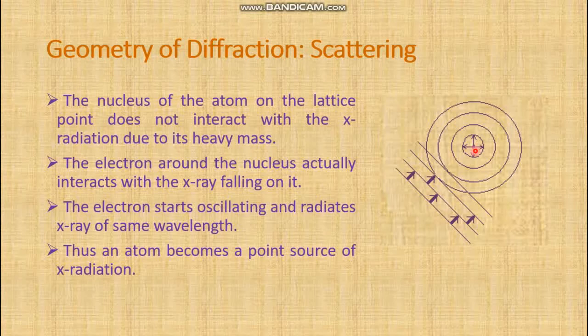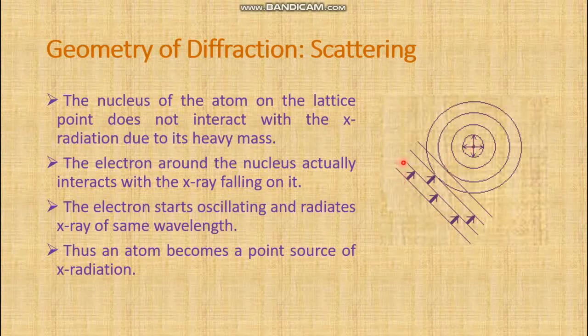But the electron is not so massive compared to the nucleus, so the electron around the nucleus actually interacts with the X-ray falling on it. After interaction, the electron starts oscillating, and due to that oscillation, X radiation of the same wavelength comes out from that point. Thus an atom becomes a point source of X radiation.